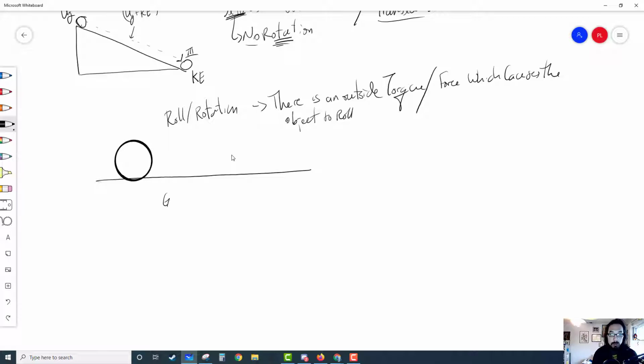Okay, now this is what I mean. So when it glides or slides, this ball just moves from point A, and it just slides to point B. There is no rotation, right? So this is very important. There's no rotation. So in this case here, when it is moving, there is only translational kinetic energy. There is no rotational kinetic energy.